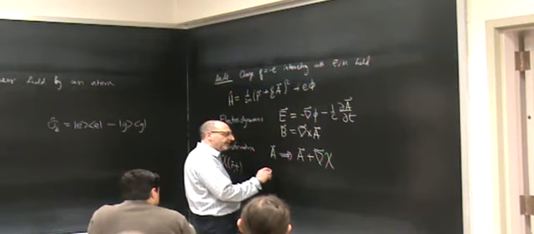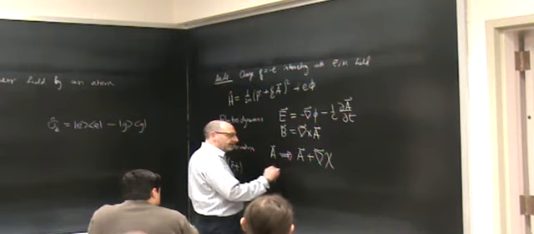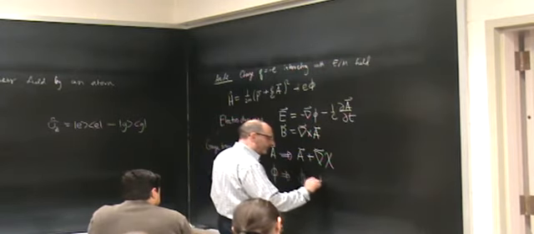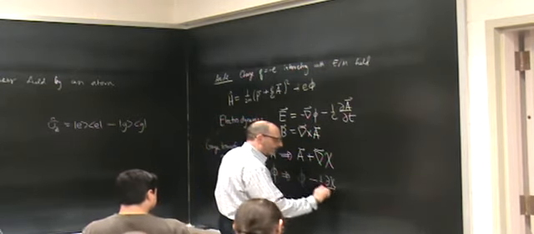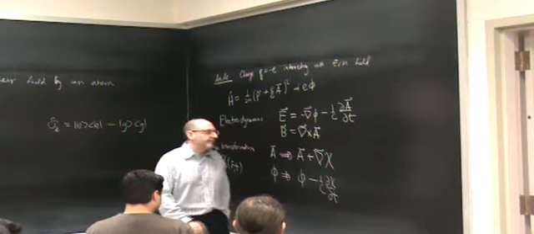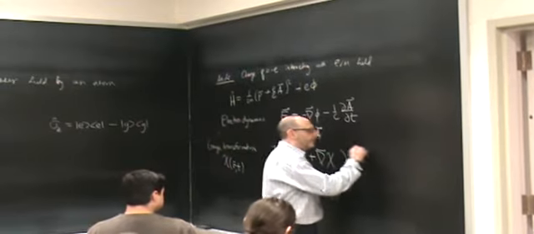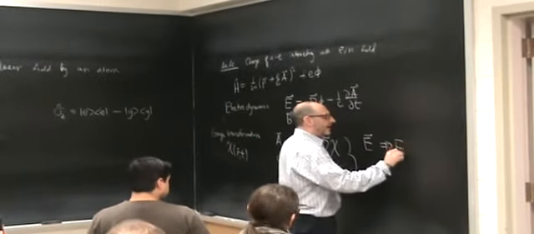But we also simultaneously have to change the scalar potential through the time derivative. If I make these two transformations on the potential, then the electric field is unchanged and the magnetic field is unchanged.